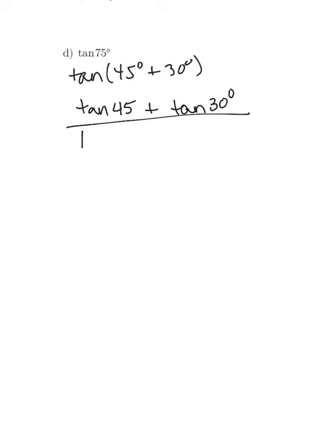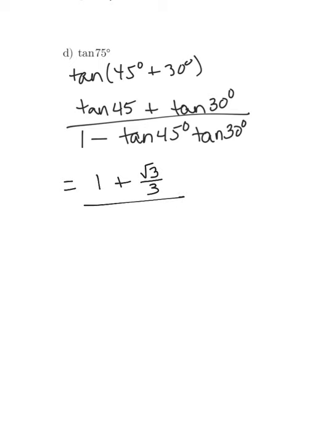Now do the opposite operation, so it'll be minus, and then multiply your two values, tangent of 45 times tangent of 30. The tangent of 45 degrees is 1. The tangent of 30 degrees is the square root of 3 over 3. On the bottom, we're going to have 1 minus 1 times the square root of 3 over 3.